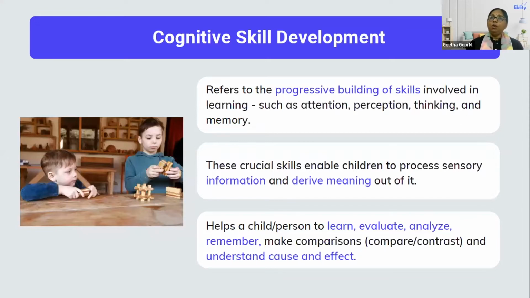So all previous learning is a stepping stone to new learning. And that is why the cognitive skills continue to develop throughout, although the biggest spurt of development is in the early stages. But as we continue to learn and grow and enrich ourselves from everything around us, learning becomes a lifelong process, and therefore cognitive skill processing is also a lifelong process.